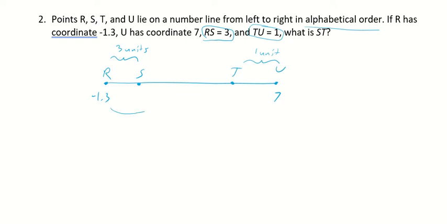What I find to be the easiest is to find the total distance, RU, and then subtract the distance of RS plus TU, and that will give us the distance from ST, which is what the question was asking us to solve.